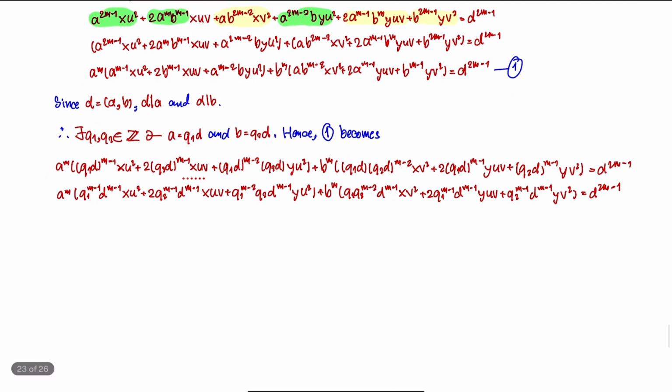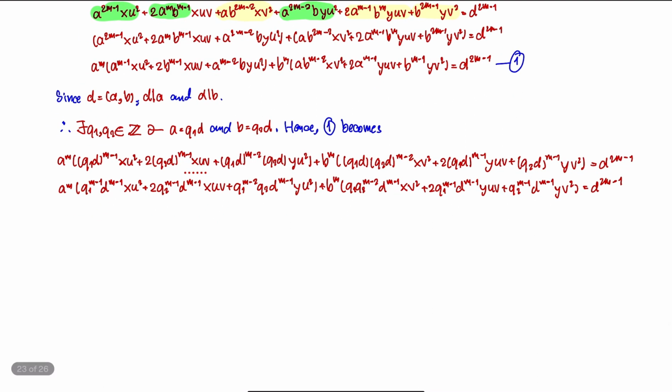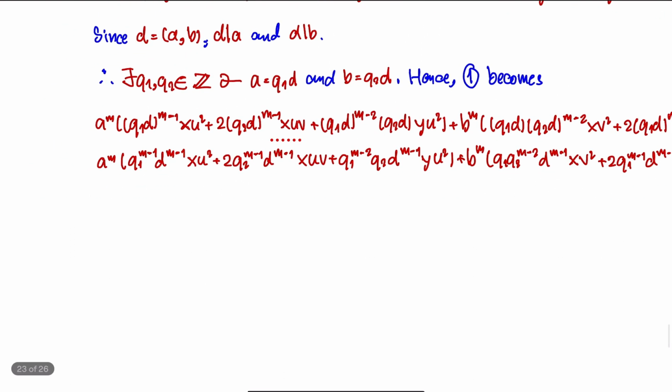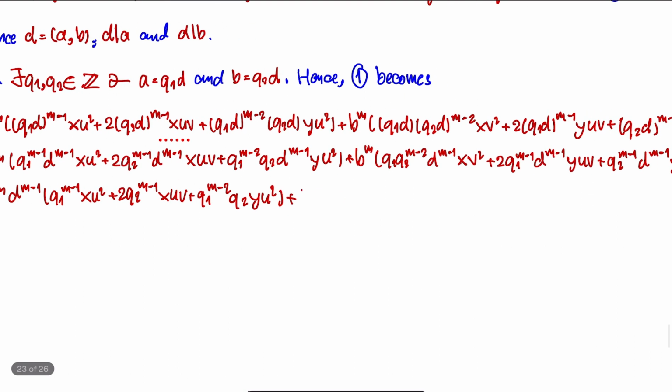And I will divide both sides by d to the m minus 1. Okay, let's divide both sides. Let me write something. So we have a to the m d to the m minus 1 q1 to the m minus 1 x u squared plus 2 q2 to the m minus 1 x u v plus q1 raised to the m minus 2 q2 y u squared plus, okay, this term b to the m, right?